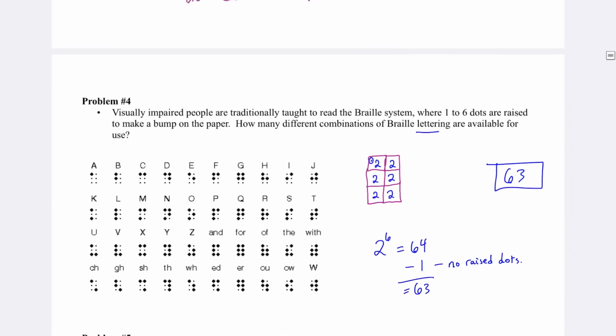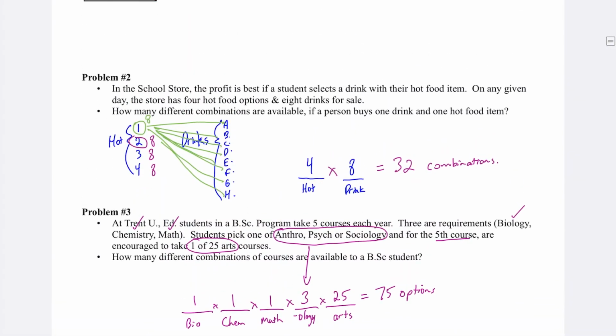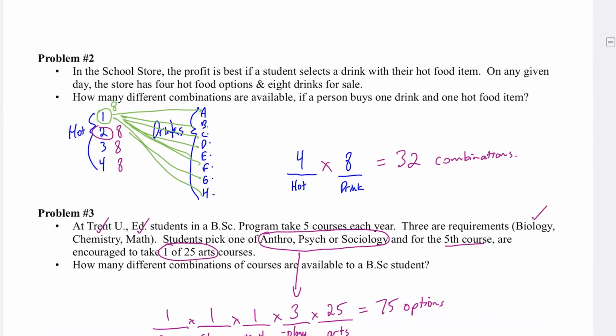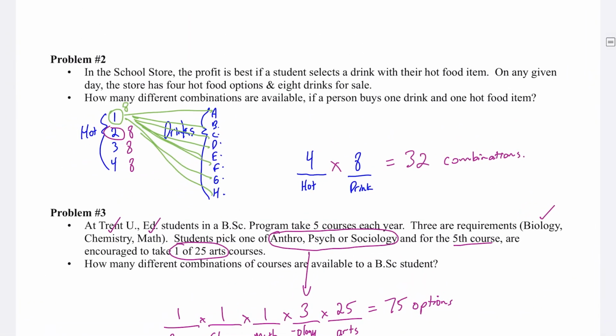We could change one of these questions to become additive, and that would be the school store question. Let's say that I said you could only have a hot item or a drink, and you can only choose one thing because you only had enough money for one item for that day. Well, if you only had one thing you could buy in total, you would have 12 options here.